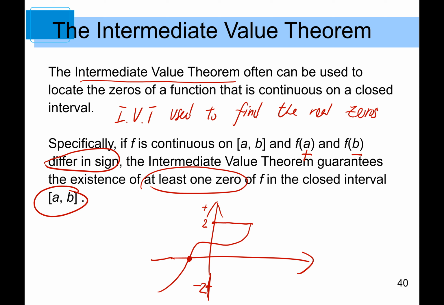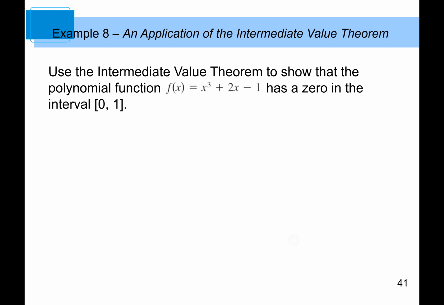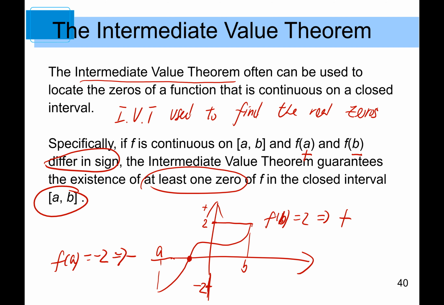This is b, that's a. Then f(b) is 2, which is positive, and f(a) is negative 2, which is negative. Then as you can see from the graph, there's a real zero in between a and b.